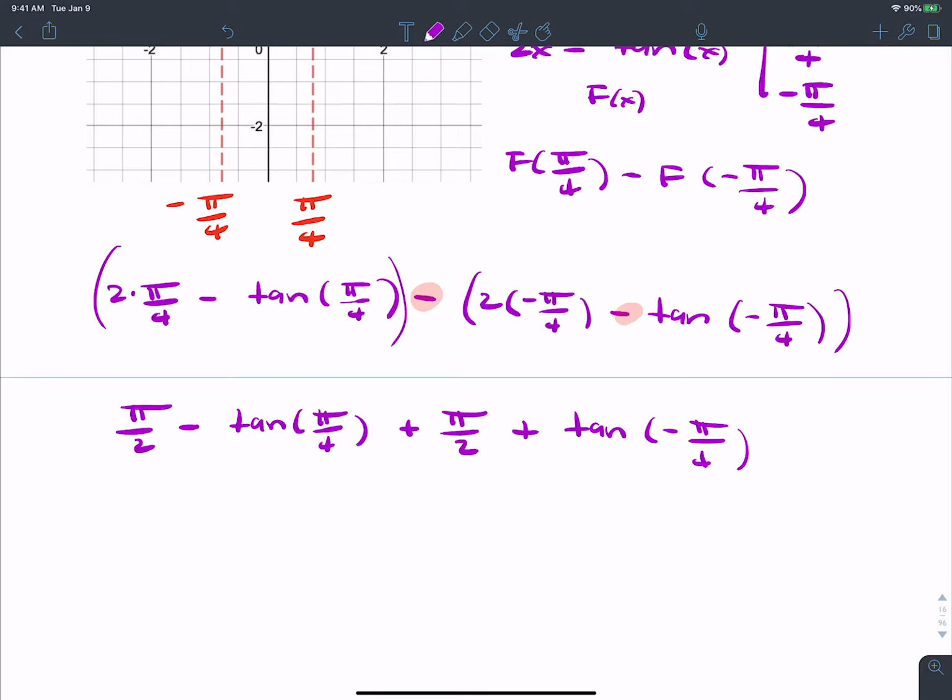Anyway, pi over 2 plus pi over 2, and let's do a couple of things. Is tangent even or is tangent odd? That's odd, is that right? So I'm going to say this. This is tangent of what? Pull out the negative sign since it's odd.